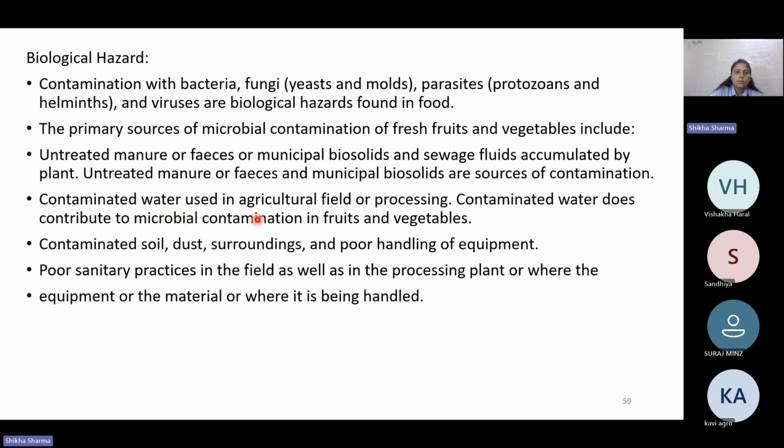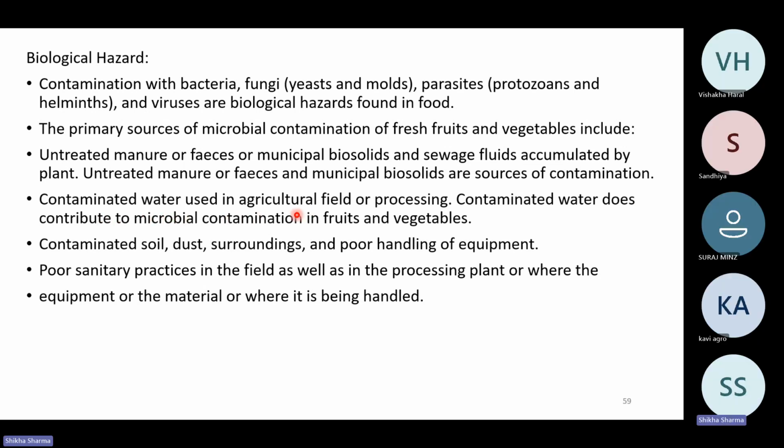Then contaminated water, used either in the agriculture field or at the processing step, can contaminate fruits and vegetables. Also, soil, dust, surroundings, and poor handling of equipment can lead to microbial contamination.